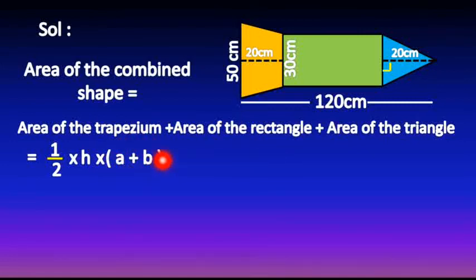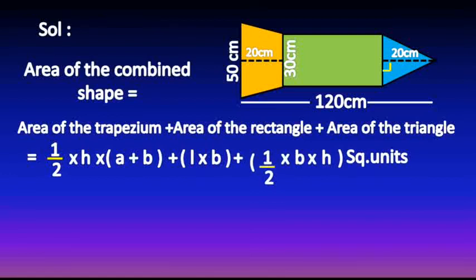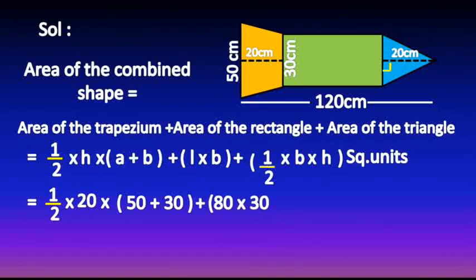Here a plus b are the parallel sides of the trapezium, that is 50 centimeters and 30 centimeters, and h is the height of this trapezium, that is 20 centimeters, plus l into b. We know the formula to find the area of the rectangle, that is length into breadth, plus the area of the triangle, half into base into height, square units. This is equal to half into 20 into 50 plus 30, plus 80 into 30, plus half into 30 into 20 centimeters square.